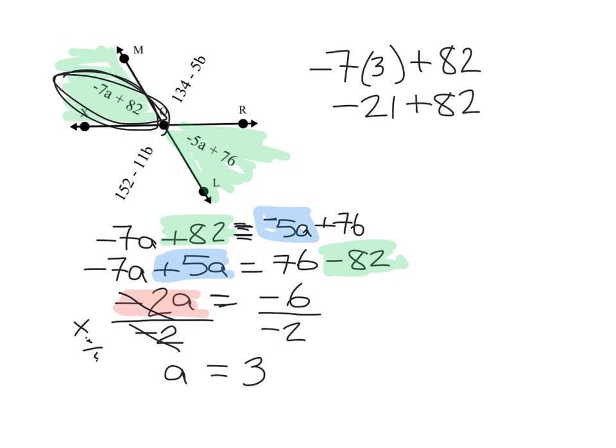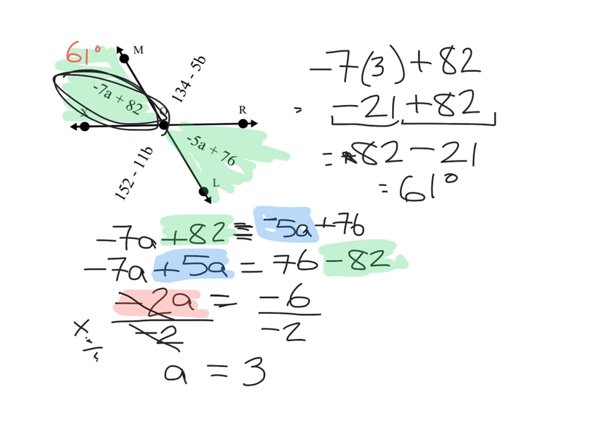We're going to add 82. Remember, I've got $82 in my pocket, but I forgot I owed you 21. Or we can maneuver this around, right? As long as the sign stays with the number after it, I can move that around and say that's positive 82, or just 82 on its own, minus 21, and it's still going to give me the same answer. So 82 minus 21 gives me 61. Yeah, 61 degrees. So this guy over here is 61 degrees. I'll actually do it in red so we can see it.